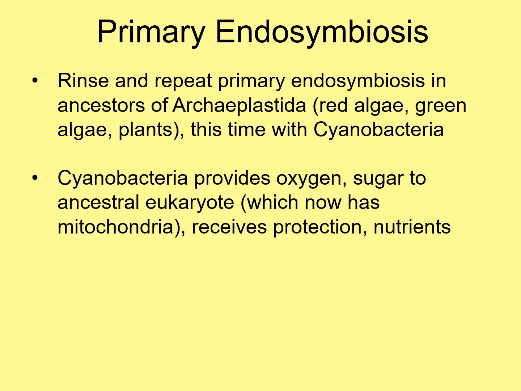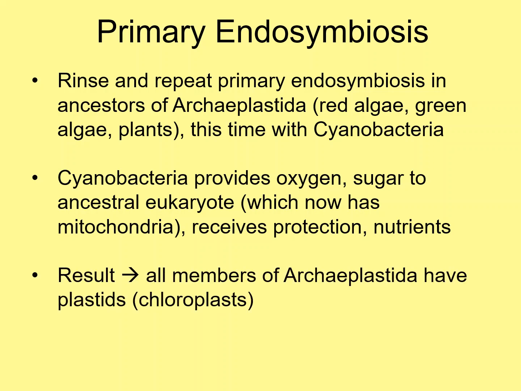You have the cyanobacteria producing sugar, so they're essentially producing even more energy. And it's again a win-win situation for both involved. The chloroplast gets a nice place to live, it gets all the nutrients that it needs, all the organic phosphate and nitrogen that it needs, and the rest of the cell gets energy out of this process.